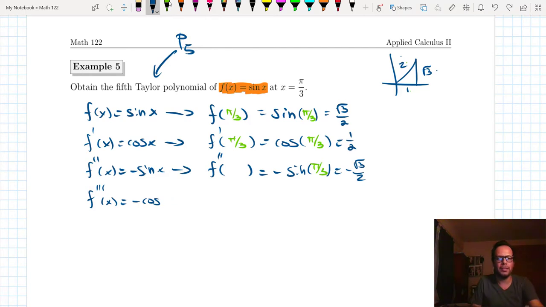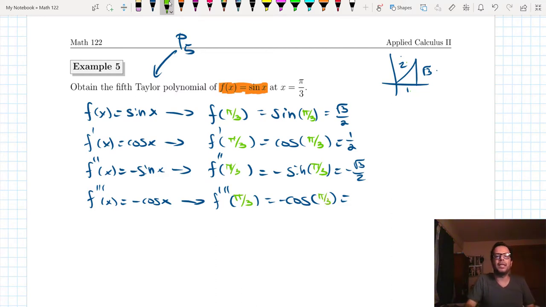Okay, give me a second here. And f triple prime evaluated at pi over 3. So this will be negative 1/2.